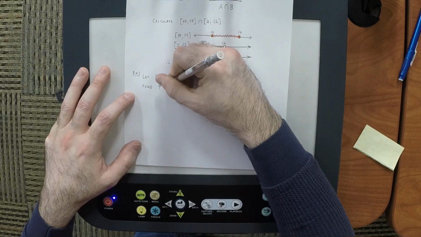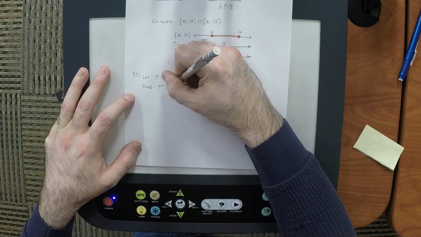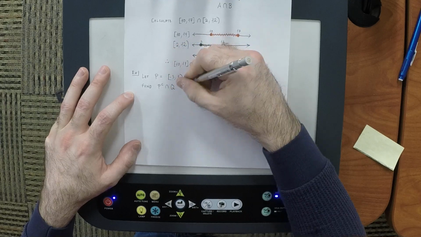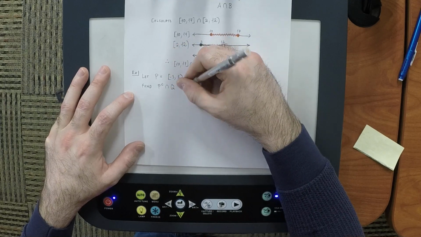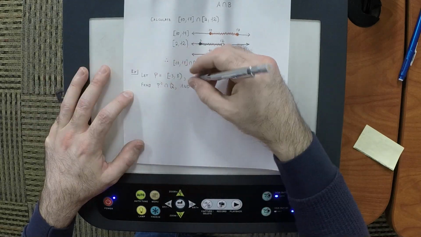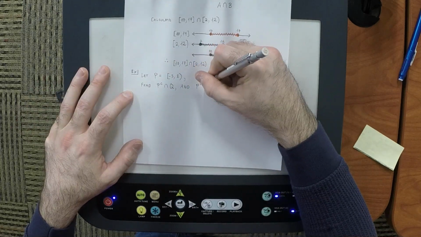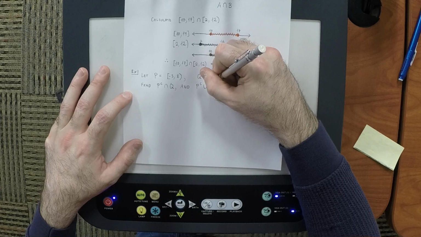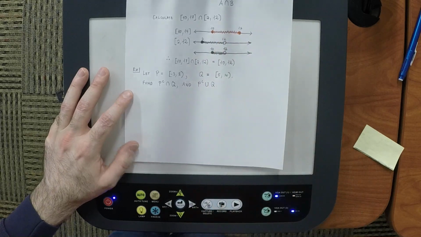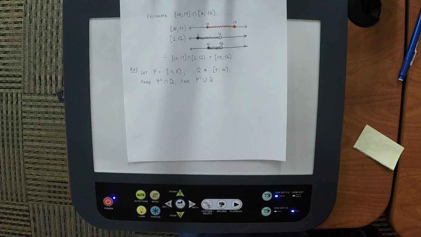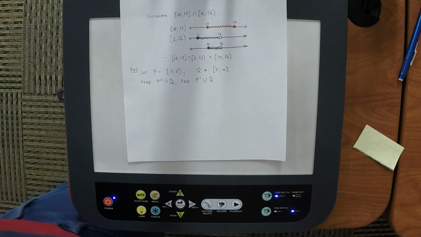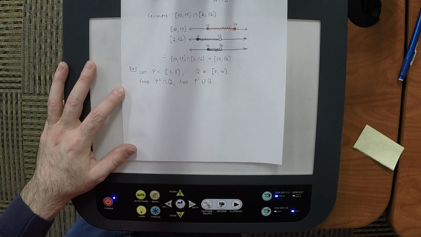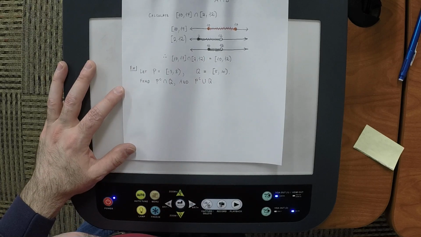Find P complement intersect Q, in one part, and also find P complement union Q. So this is like part 1 and then part 2. Okay.